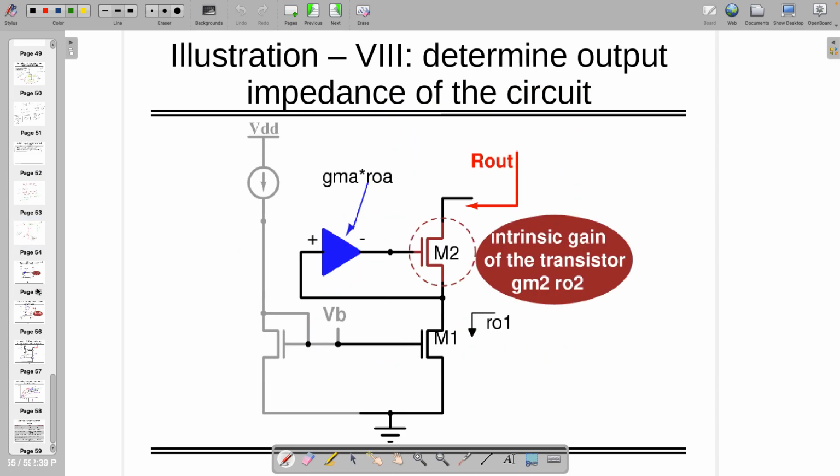So let's assume that we are keeping the same cascode, but the second transistor is actually biased by one stage of maybe a common source amplifier or common gate or whatever you like. You just keep it over here, and then you are keeping your transistor. This technique is actually the gain boosting technique.